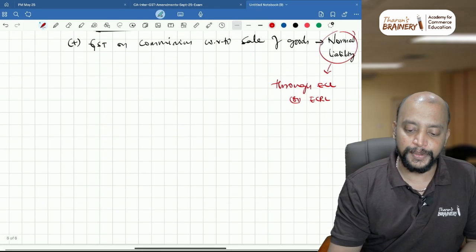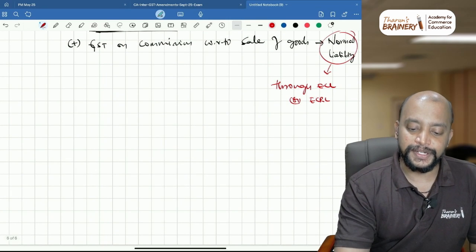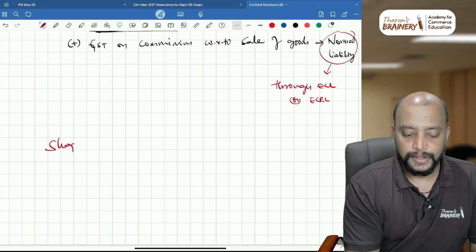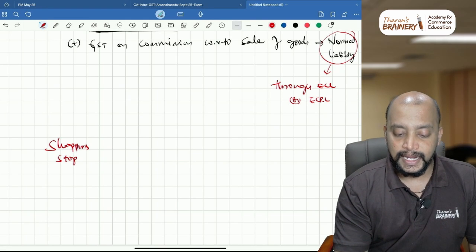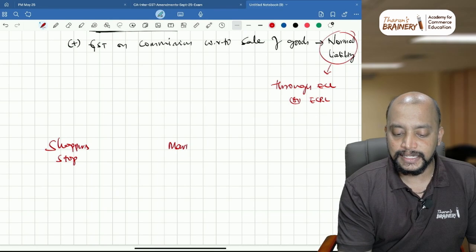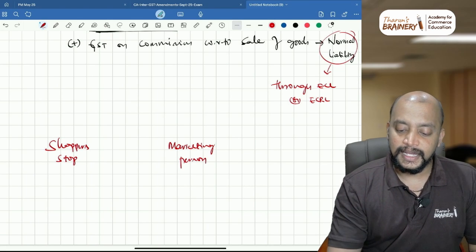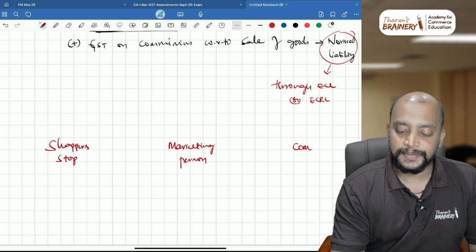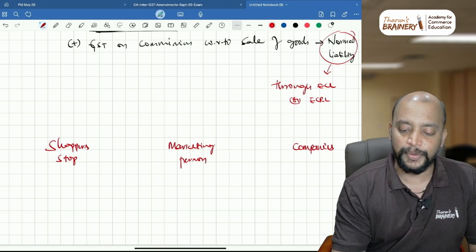So what is Shopper's Stop doing? Shopper's Stop is a store and there is a marketing agency. This marketing person is distributing it to companies, to corporates.